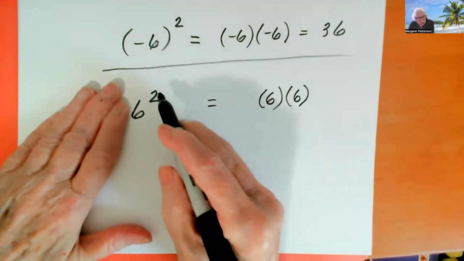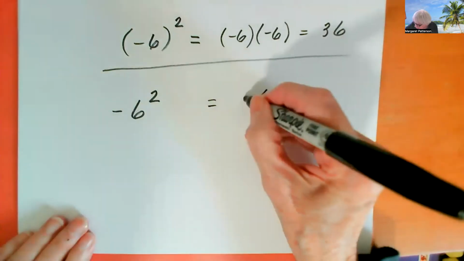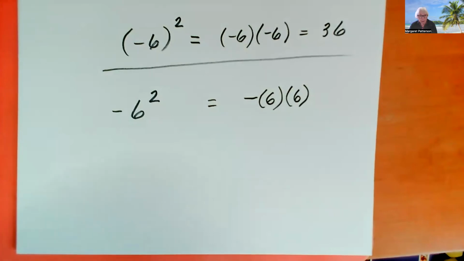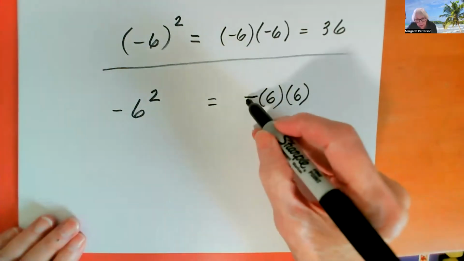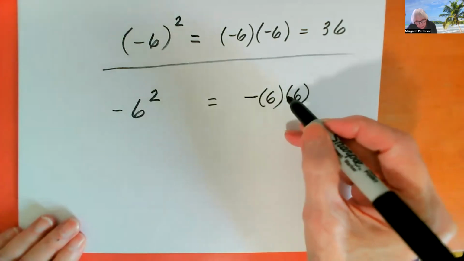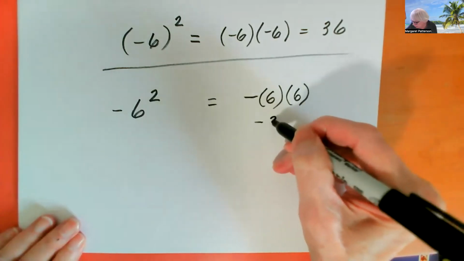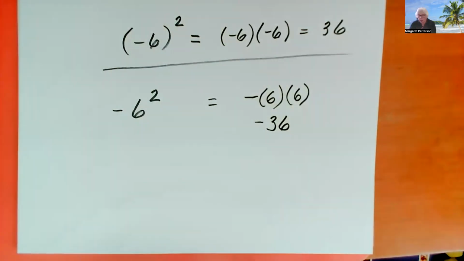So you do your exponent first. Then you take the opposite. So when you multiply 6 by 6 is 36. And the minus there says take the opposite of that. That answer is -36. You can see very well why students have trouble with this and mix this up.